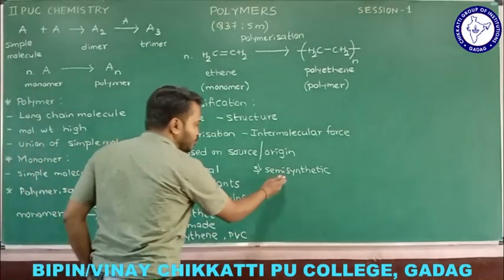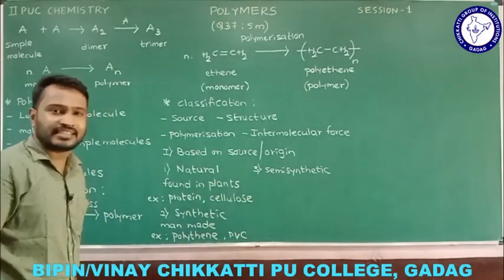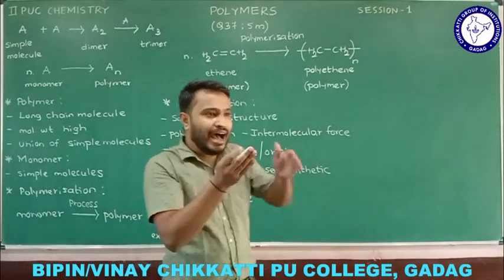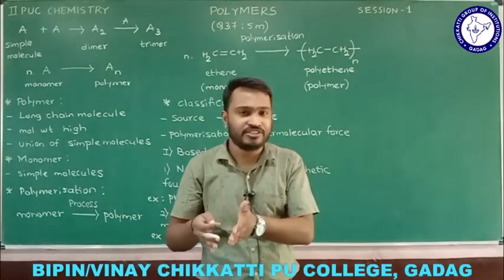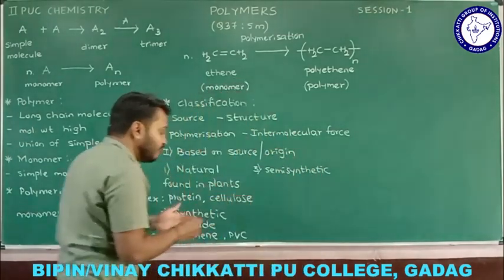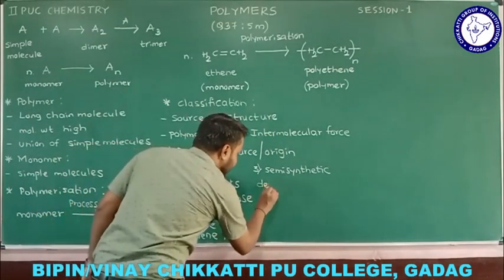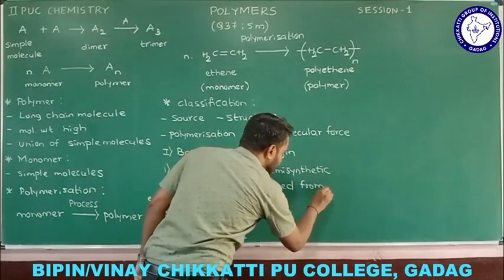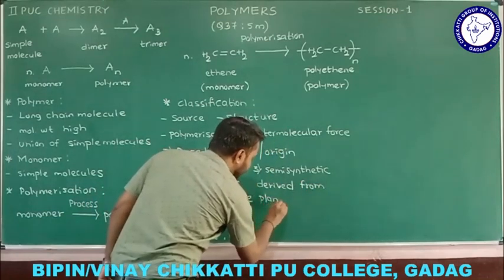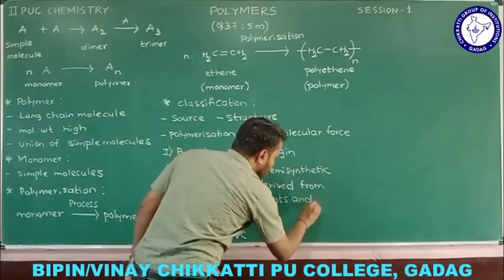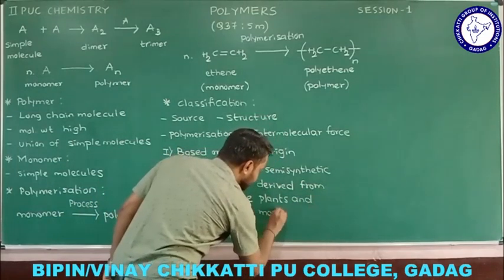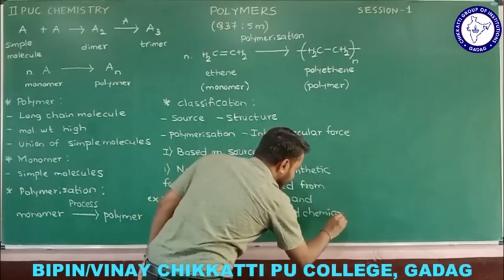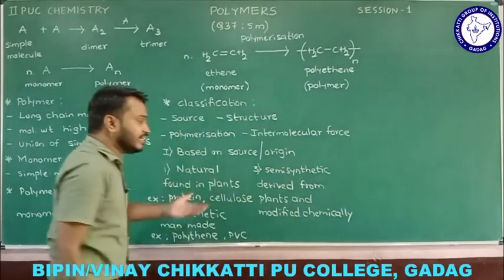The third one I am going to move to, we call semi-synthetic. Semi-synthetic is actually half natural and half artificial. These are derived from plants and modified chemically, and that we call semi-synthetic polymers.